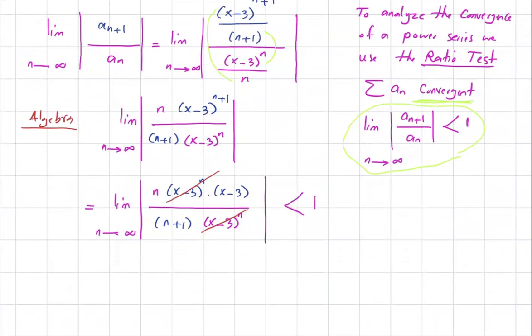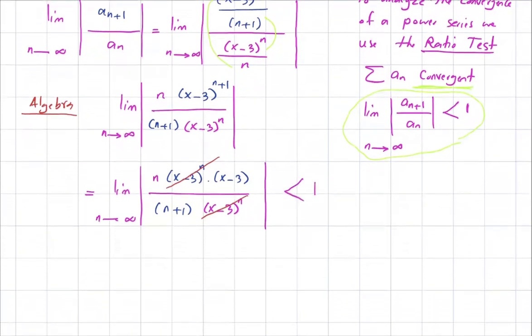Let us analyze this further. What is this limit? You can write this as the limit of the absolute value of n divided by n plus 1, which we know is equal to 1, times the absolute value of x minus 3.